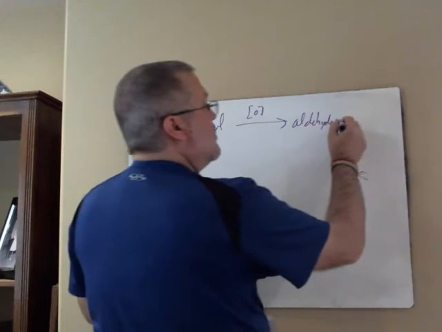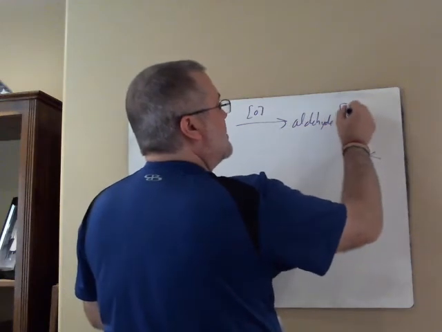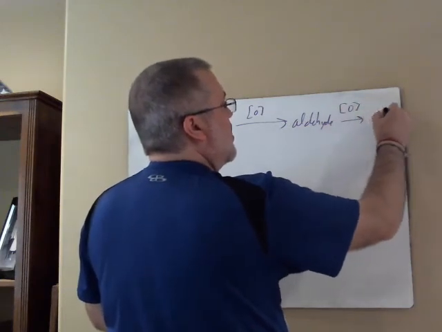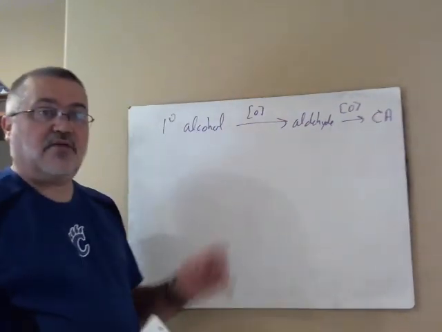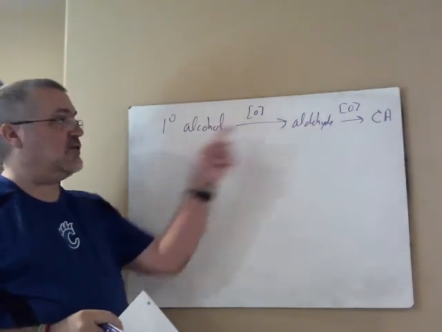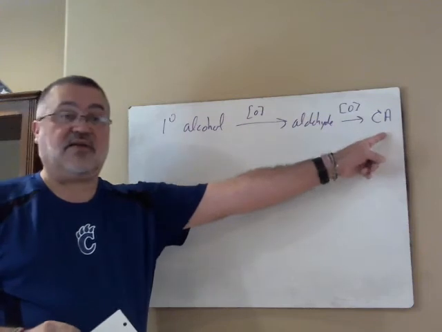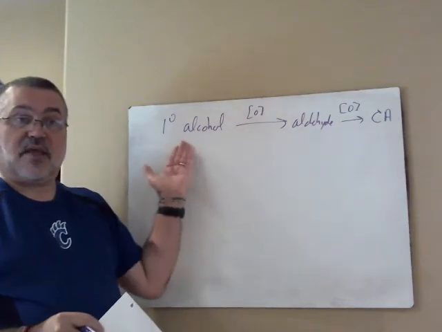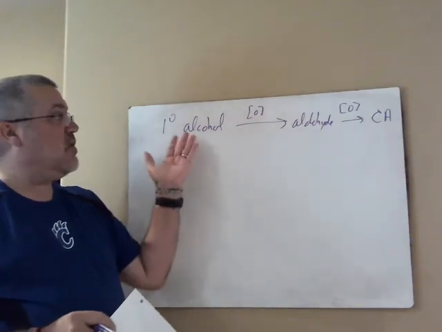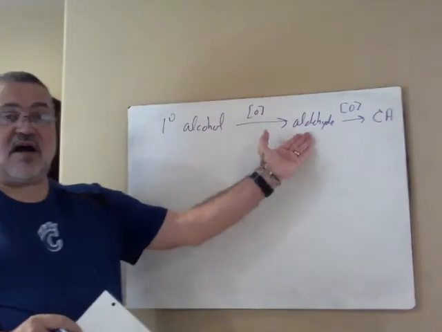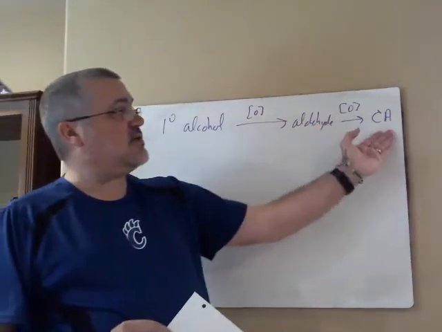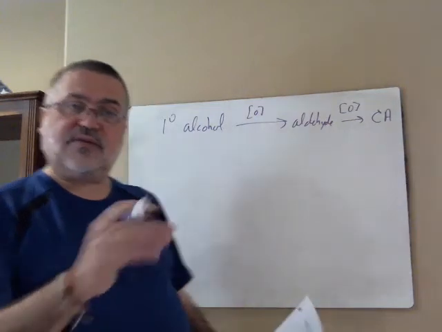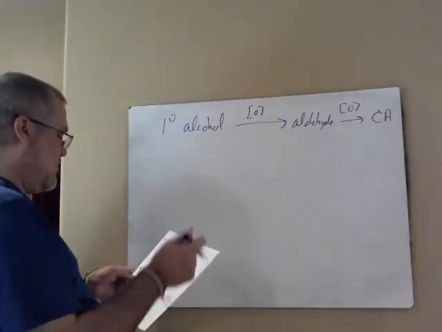Or, if you oxidize again, you can form a carboxylic acid. So basically a primary alcohol has two oxidation states above itself. One oxidation step is aldehyde. The next oxidation state is carboxylic acid. We're going to see how you can form both of these.